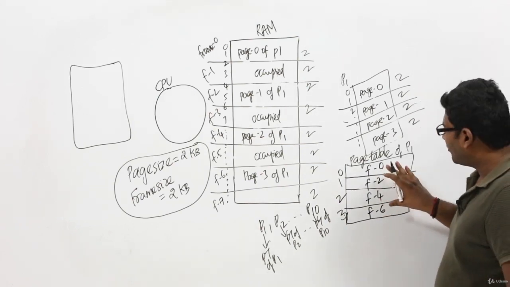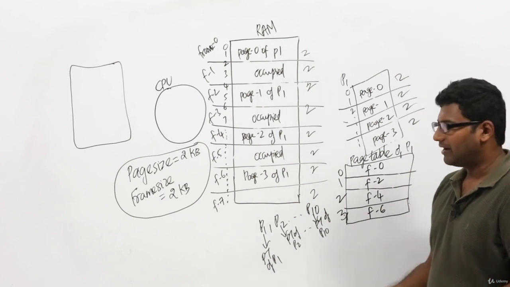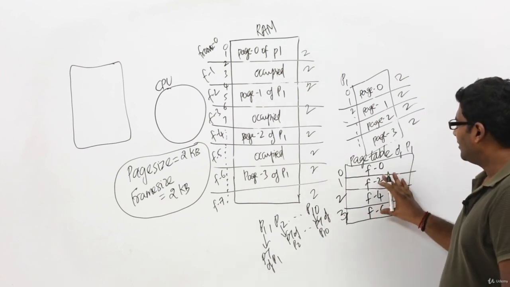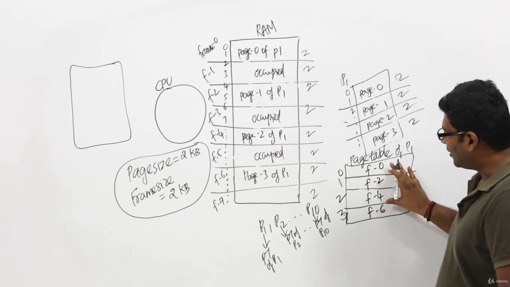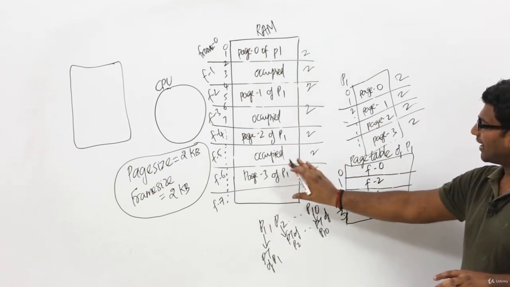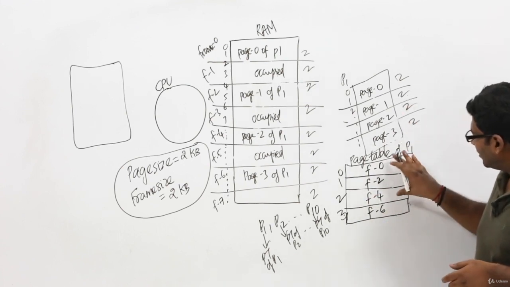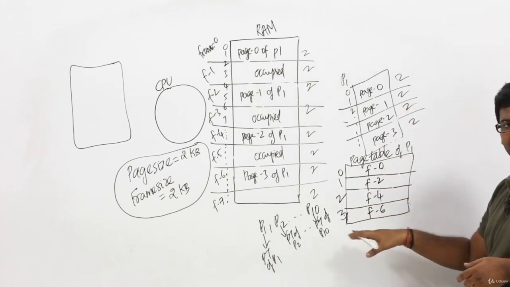Now this page table of P1 will also be placed inside the RAM. It can be in any free space; I am not indicating it here. Anything which goes inside the RAM should go in terms of pages, so even this page table will be divided into pages.